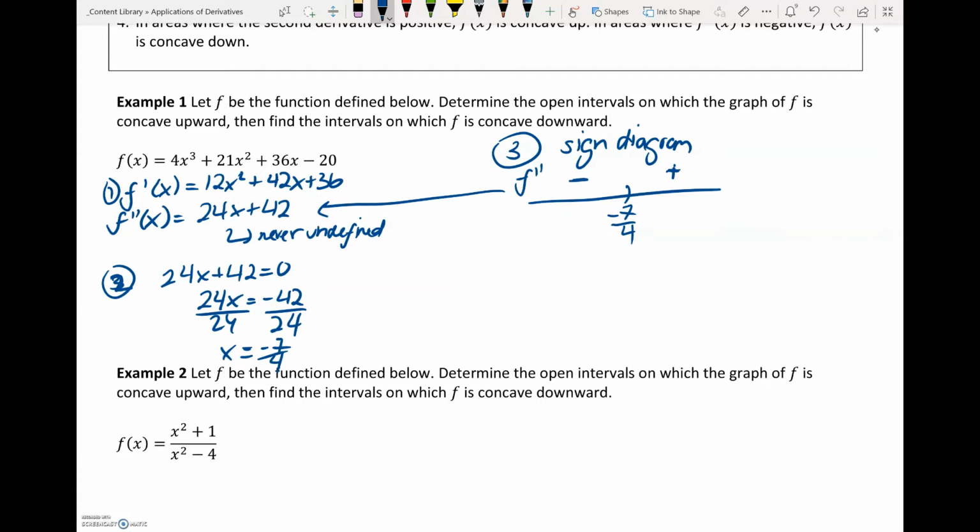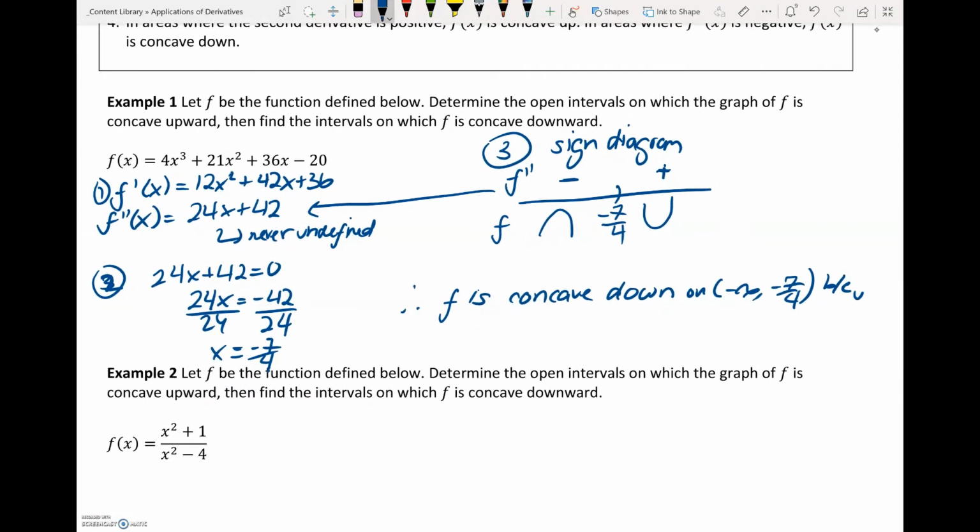Now, according to our double derivative test, this will tell us about concavity. So if f double prime is negative, then that means we're concave down for f. And if f double prime is positive, then f is concave up there. So in summary, f is concave down on negative infinity to negative 7 over 4, and that's because f double prime is negative here.